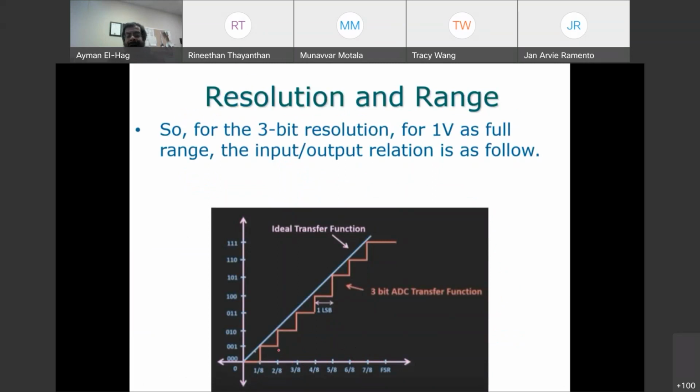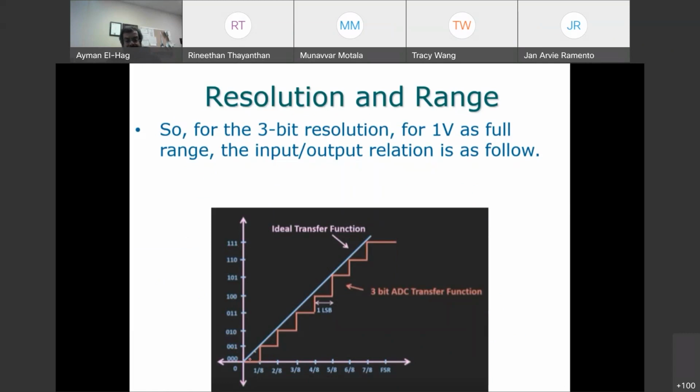Now, ideally, I want to go through conversion from the analog to the digital using this curve, the blue line. So for any number, I want to have a value. That is not possible. With this 3-bit, you have only 0, 0, 0, 0, 0, 1 until 1, 1, 1. So you have only 8 different levels.